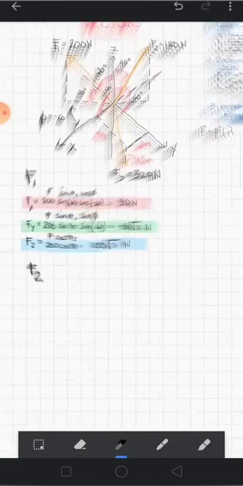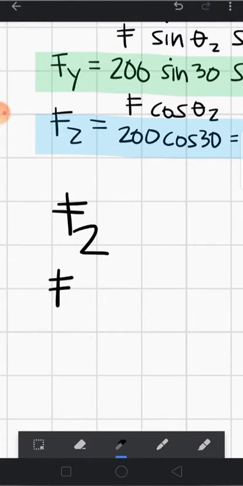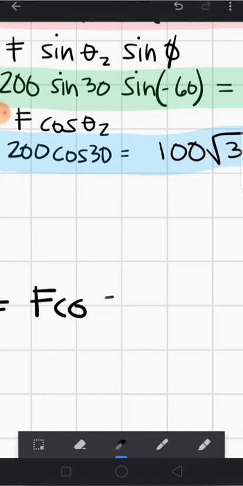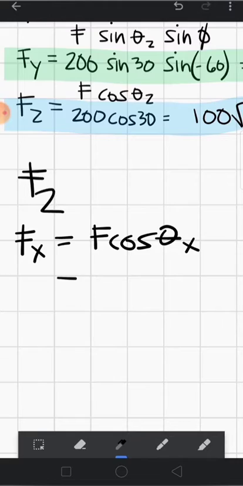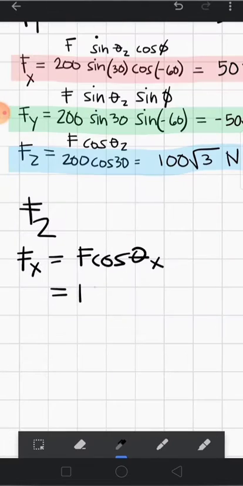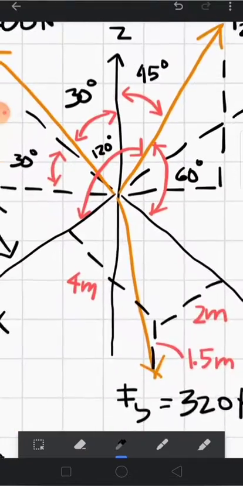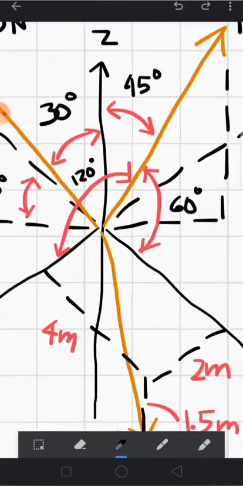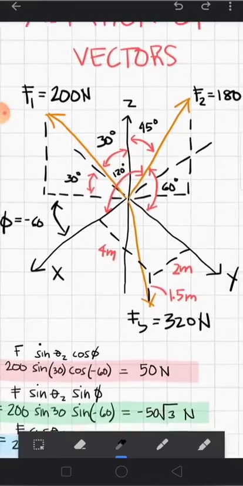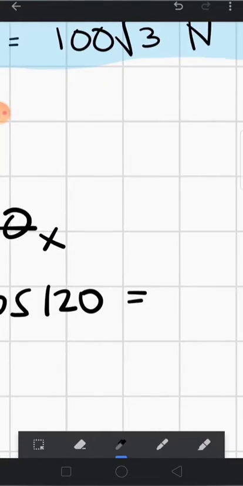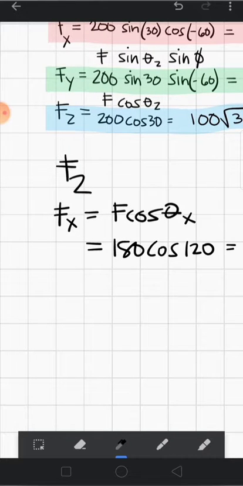So we just have to plug that into the formula, and what we're going to get is F cos theta x. So F is 180 times cosine of theta x is 120, this axis to the force. That's cos 120. And then we got the answer for the force in the x.